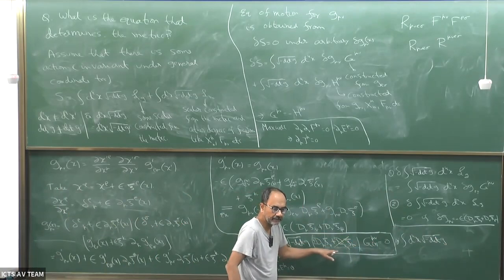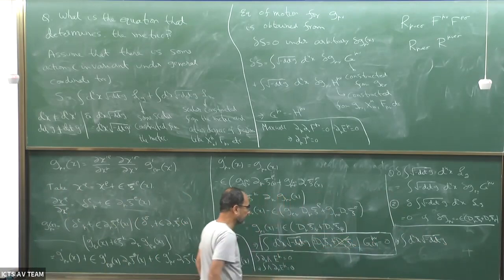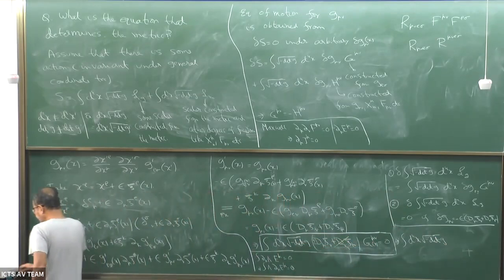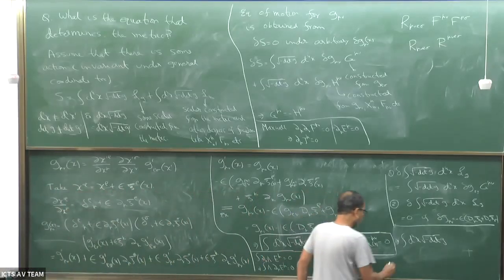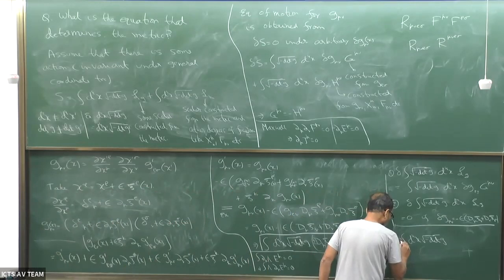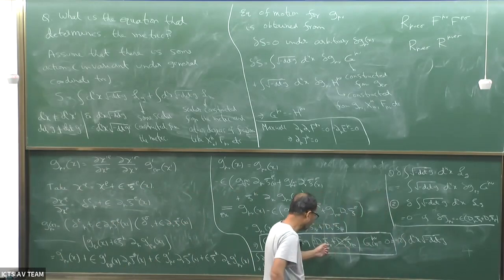So it doesn't matter if you add this or not. It's the same result. So the statement is that this is given by 2... There's a minus sign, right? Because when you do integration by parts, you get a minus sign.